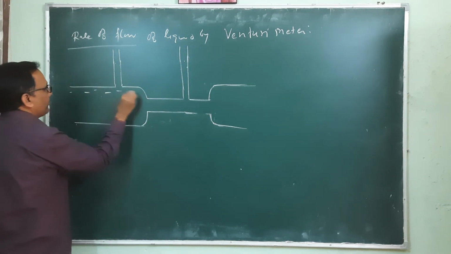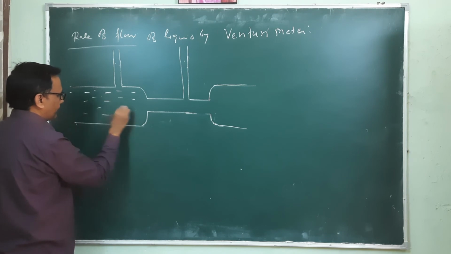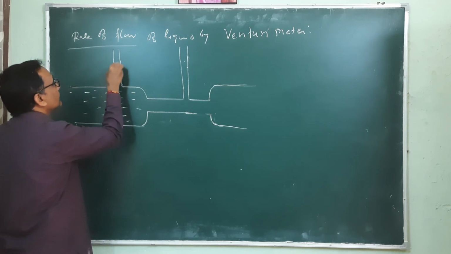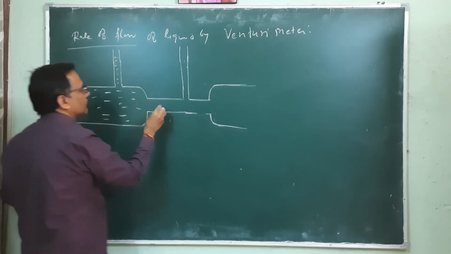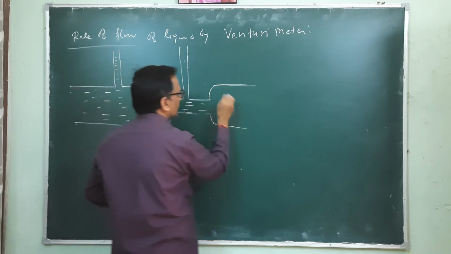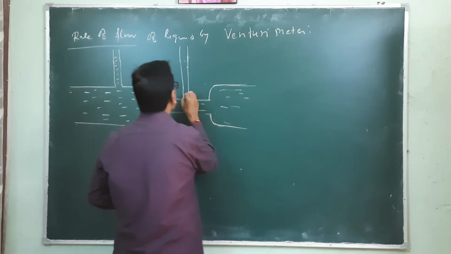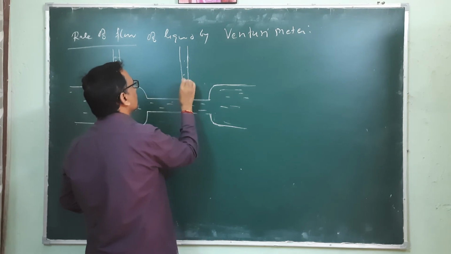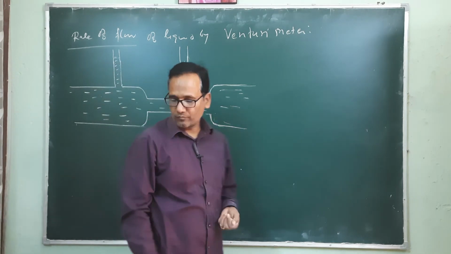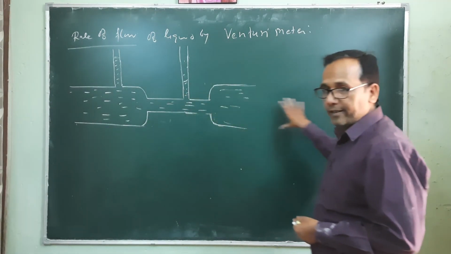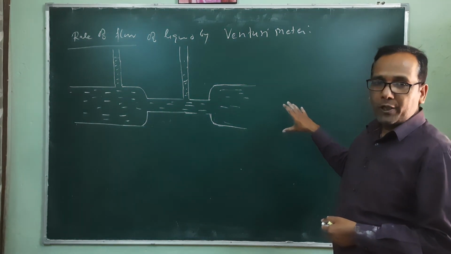So this is the venturimeter. The level is identical in the first case, so the potential energy is constant.